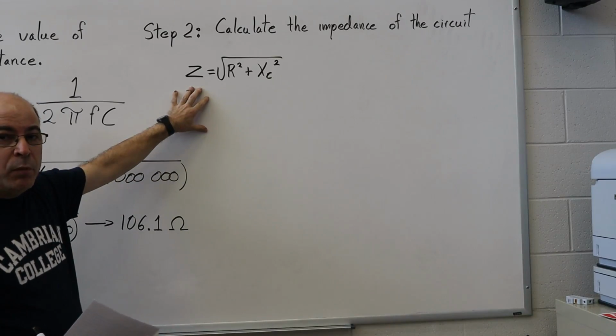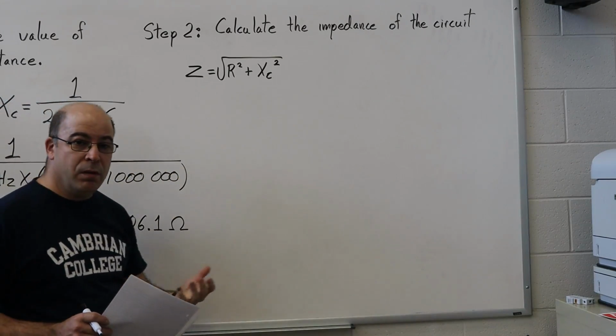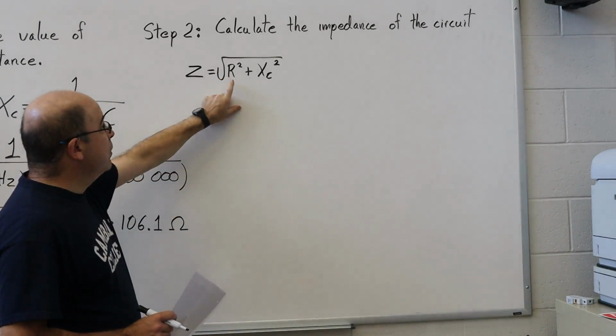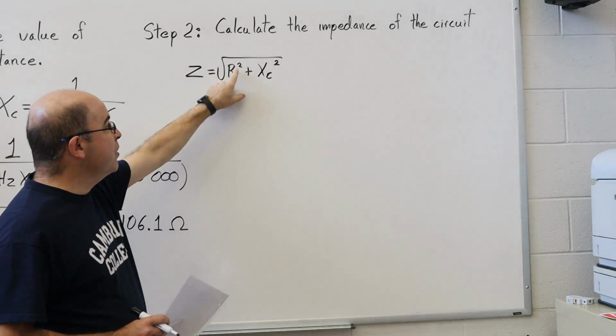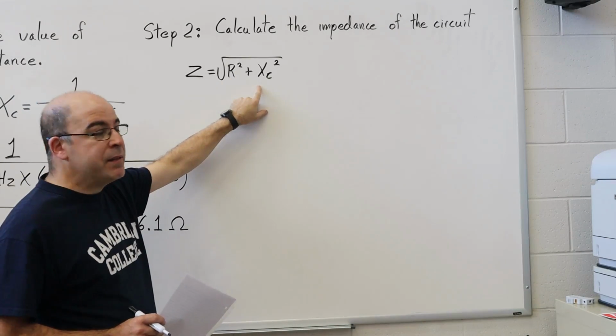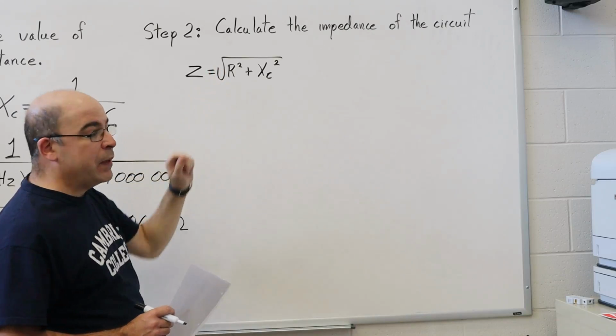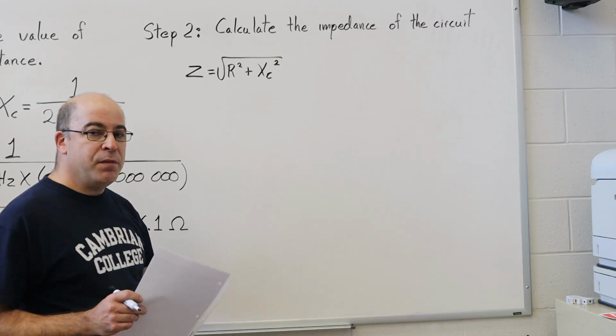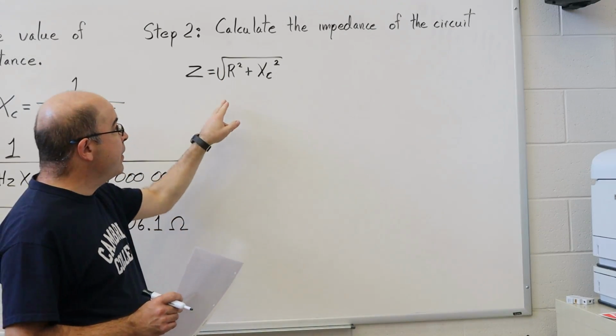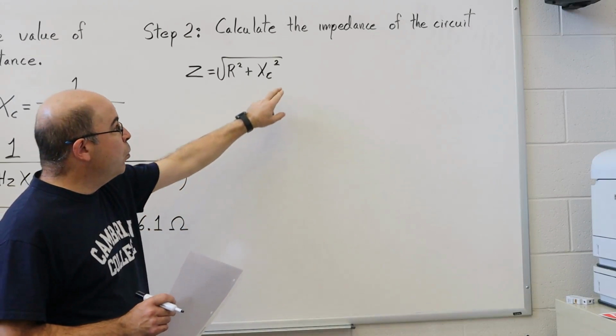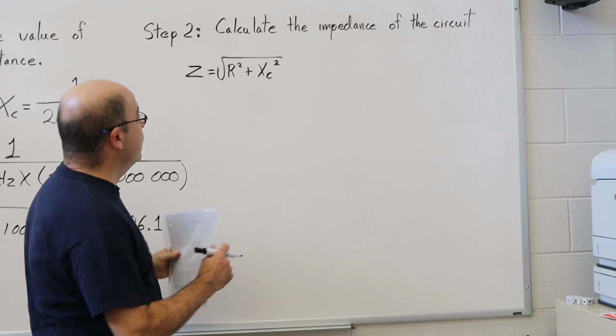Okay. Step 2, calculating circuit impedance. This is the same formula we've used previously in other circuits, where we're going to take the value of resistance squared plus the value of capacitive reactance squared, square root. Using the values that we've calculated previously and the given value of resistance, we're going to input that information.